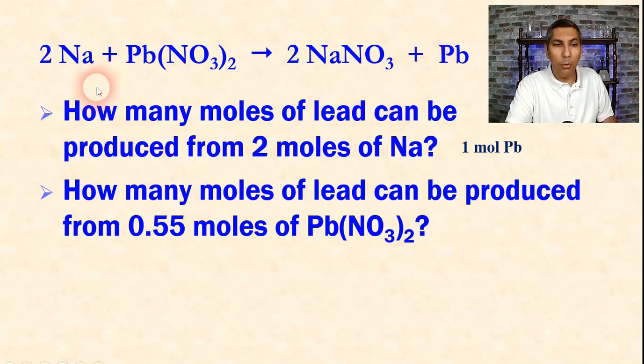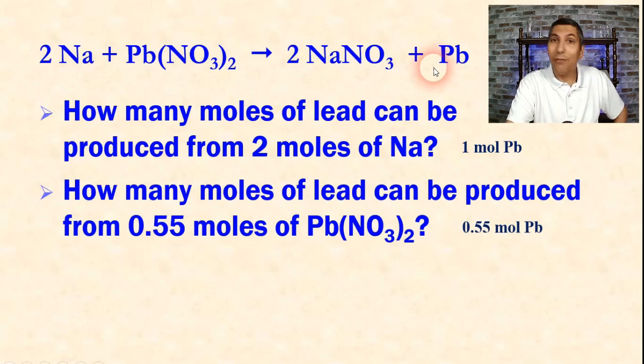So however many moles of lead(II) nitrate we start with will be the same as the number of moles of lead metal that we're going to end up with. So if we start with 0.55 moles of this reactant, we're going to end up with 0.55 moles of that lead product. So that 1-to-1 ratio gives us the answer.